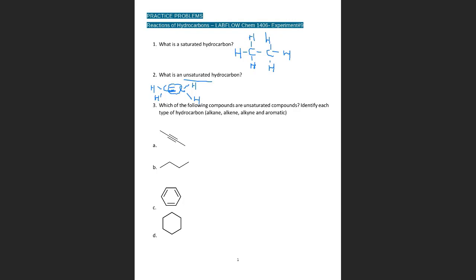It says, which of the following compounds are unsaturated compounds? And identify the type of hydrocarbon, if it's an alkane, an alkene, an alkyne, or an aromatic.